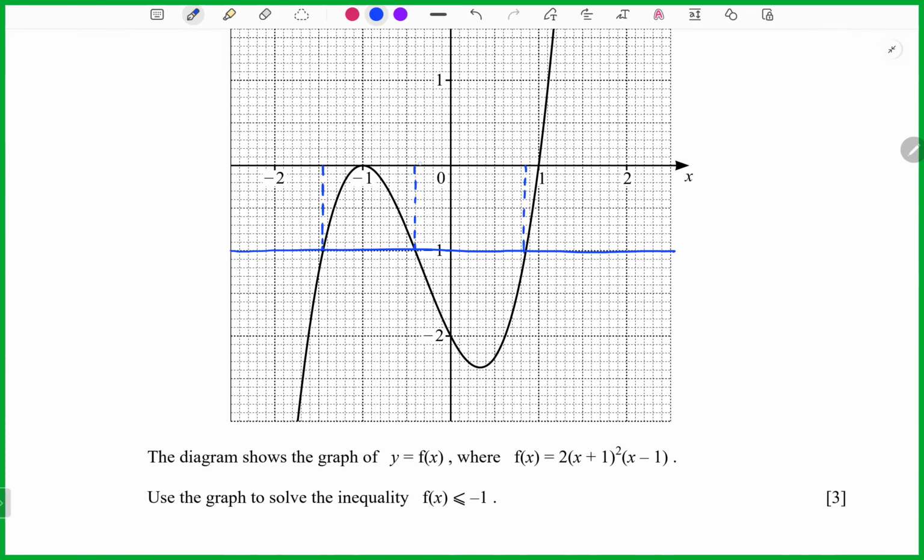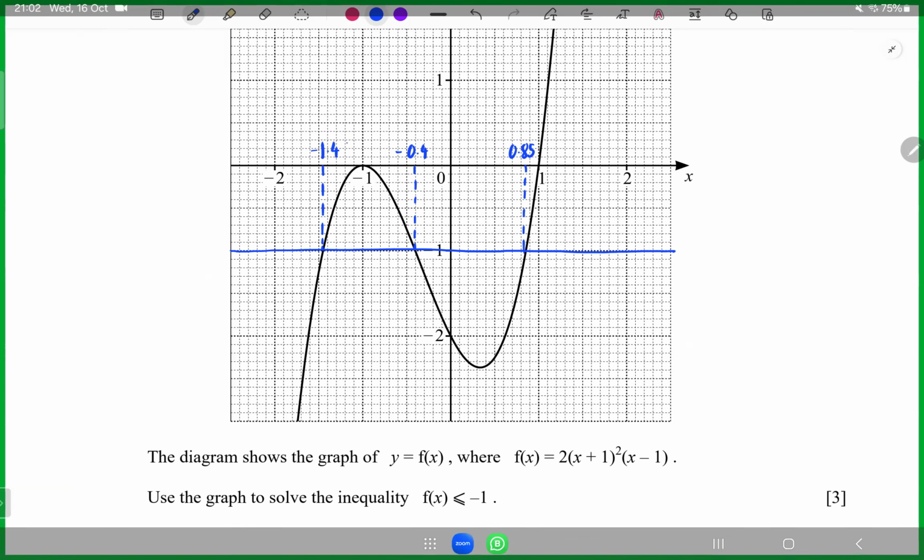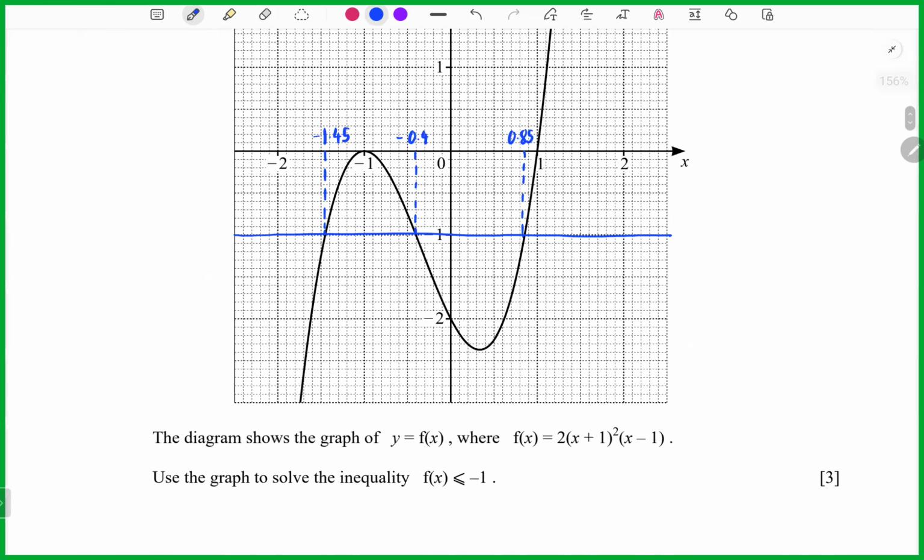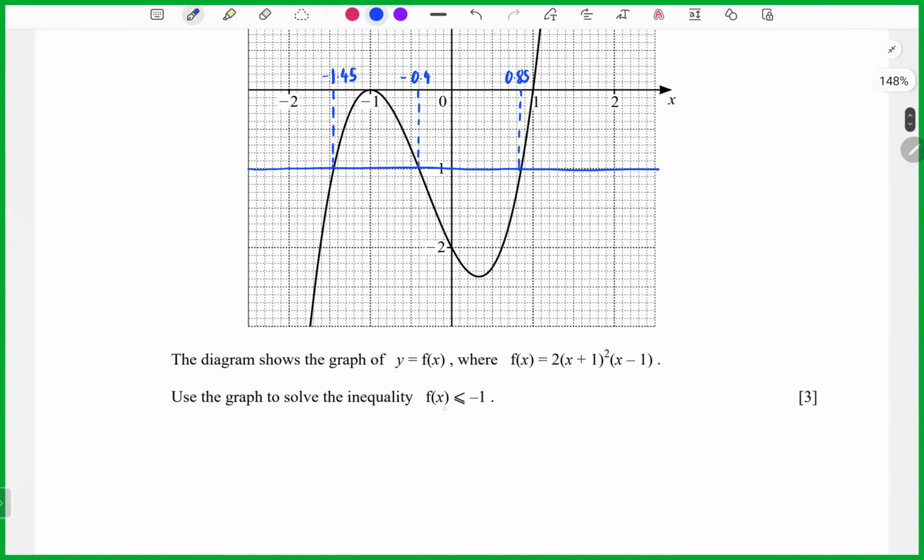For this part, label it as negative 0.4. For here, 0.85, and then the other one is negative 1.45. So now we need to find which part is less than negative 1.